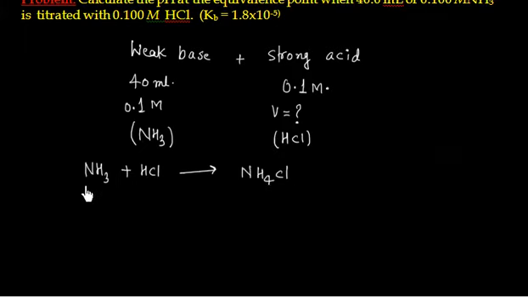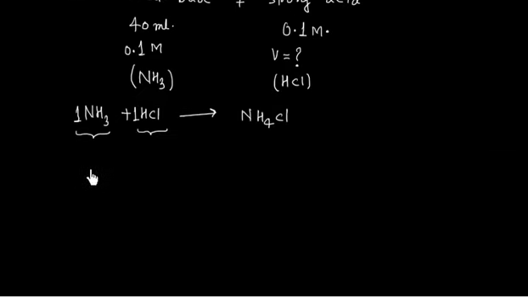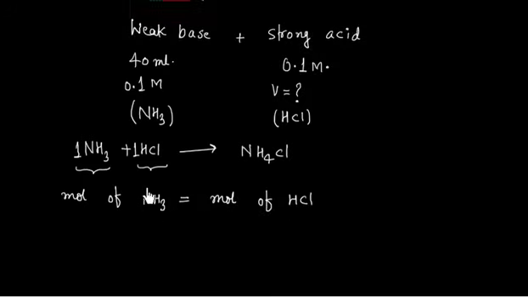So from this reaction it is clear that moles of NH3 equals moles of HCl, because 1 mole of NH3 reacts with 1 mole of HCl. Now moles of NH3 we can calculate by multiplying molarity into volume.